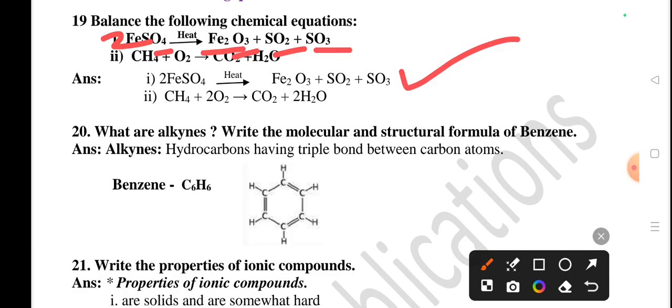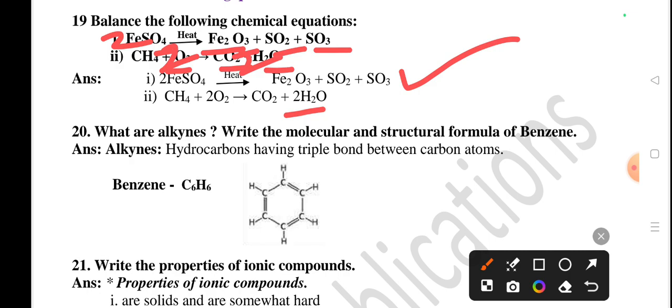Then similarly, methane reacts with oxygen, it gives carbon dioxide and water. Here 2 oxygen, here 1, total 3 oxygens are there, here only 2 are there, that's why it needs to be balanced. What we have to do is multiply oxygen by 2. If oxygen is multiplied by 2, 2 twos are 4 oxygens on the LHS. Then on the RHS, to make the oxygen 4, in front of water we also take a 2, so 2H2O.